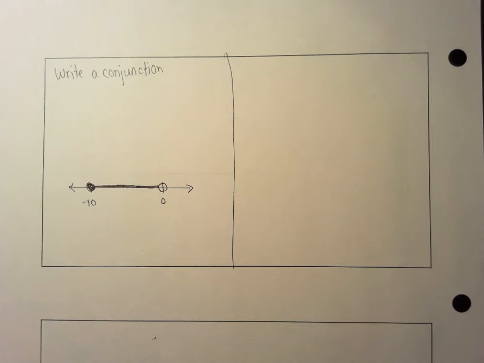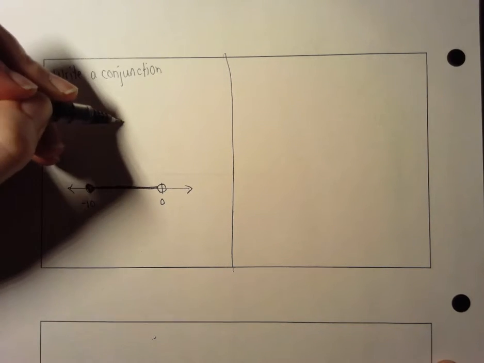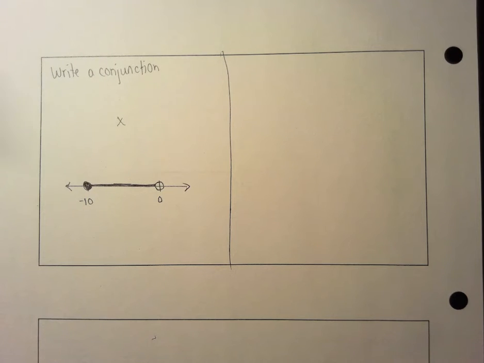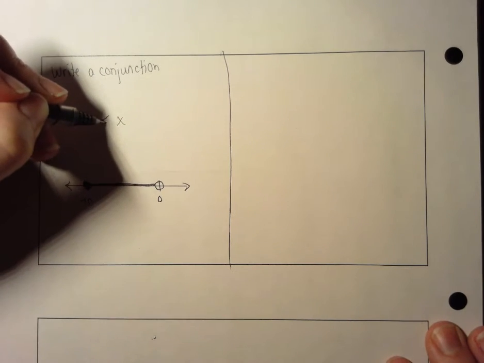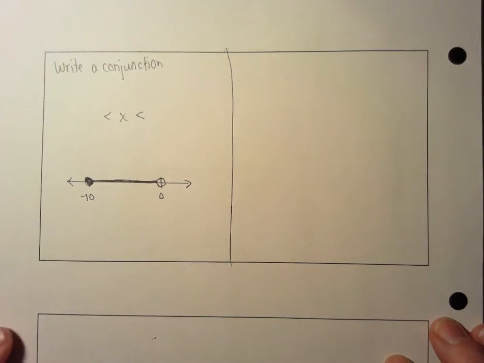Take a moment to think about it. The conjunction that describes this graph is going to, of course, have x in the middle to indicate that x is in between two things, and these symbols will both go this way.